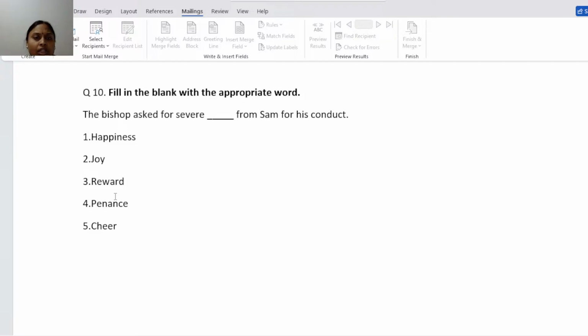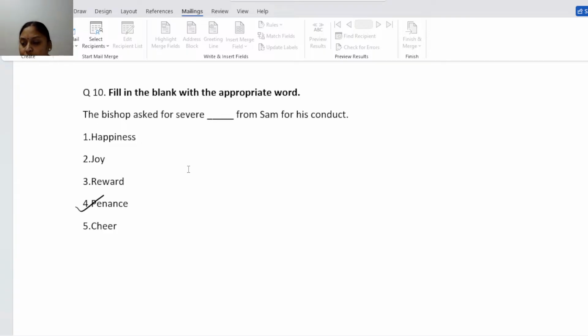Second question. The bishop asked for severe dash from Sam for his conduct. Here penance will come. What is the meaning of penance?